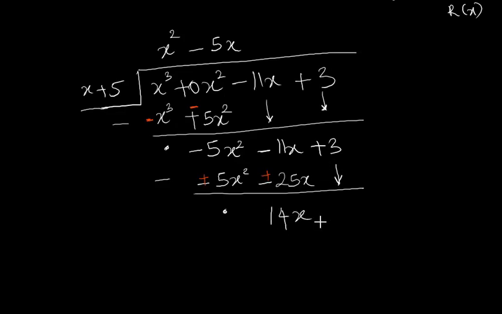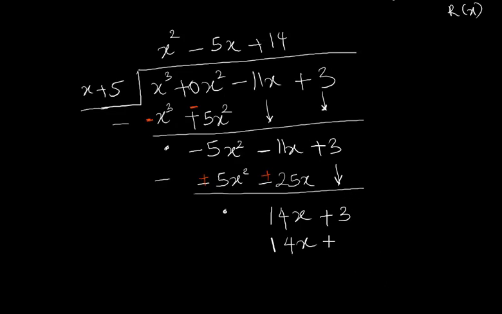Then this comes down. Okay, so again, we do the same thing by using this x to divide this 14x. We have 14. So we have x times 14, we have 14x. 5 times 14 will actually give us 70.